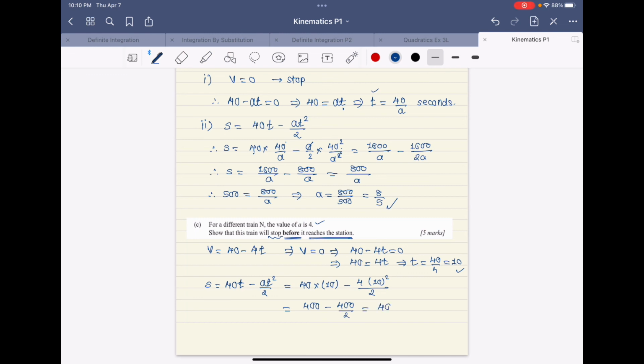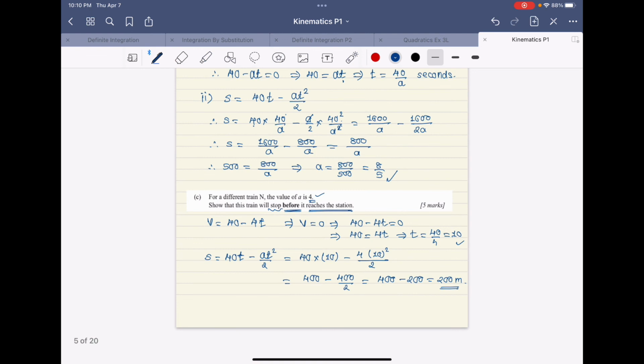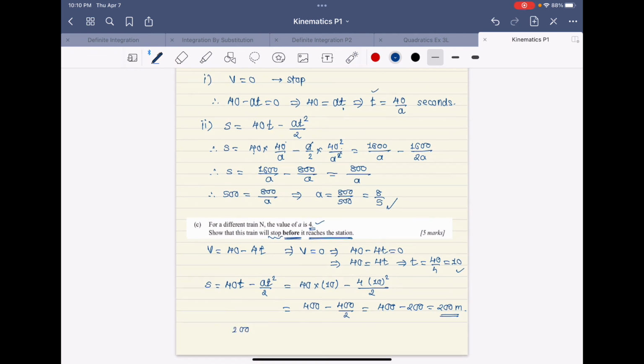So 400 minus 200, which is basically 200 meter. So if your a value is 4, the train stops at 200, whereas the station is 500. 200 meter is less than 500. This means the train stops before the station.